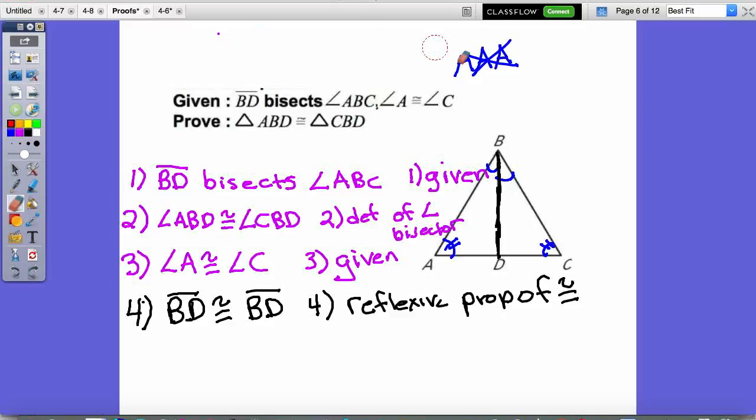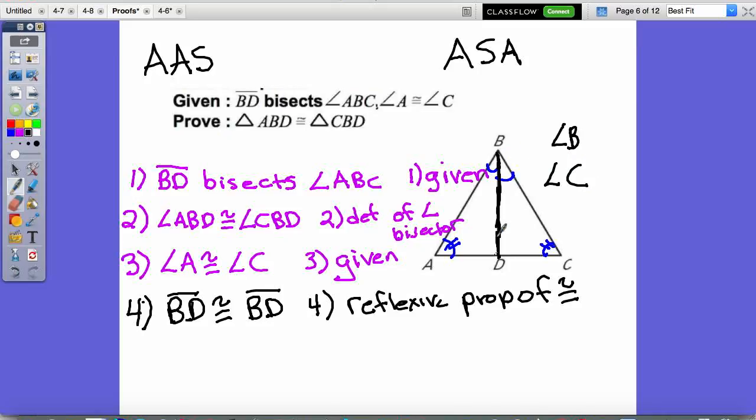So I have now, erase some of this stuff so I know what I have. I have shown that I have two congruent angles and I have a congruent side. And a lot of students are like, well, how do I know now whether that's AAS or ASA? So let's look at this triangle here. Let's just look at BCD. B and C are my angles, angle B, angle C, but my segment is segment BD.